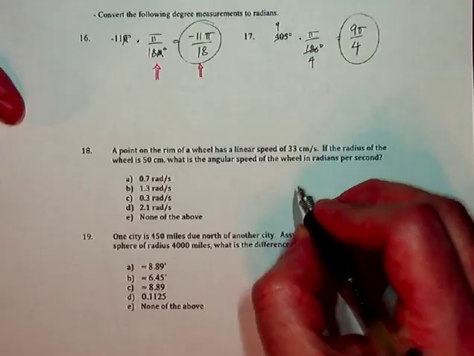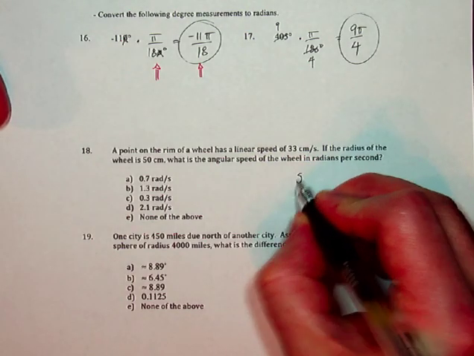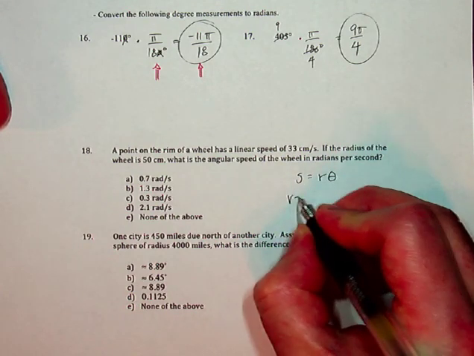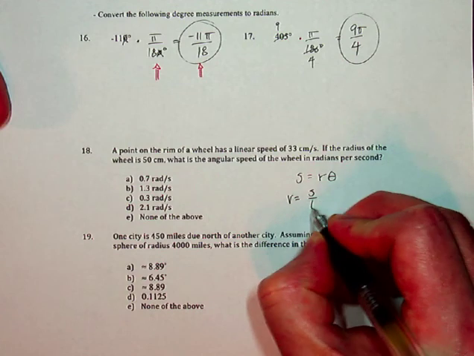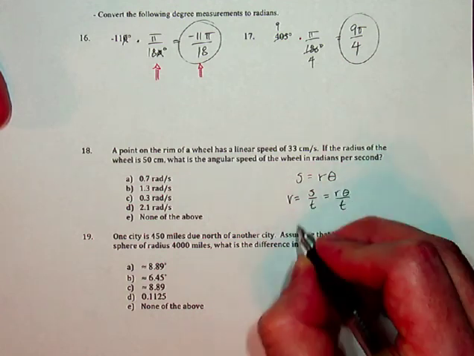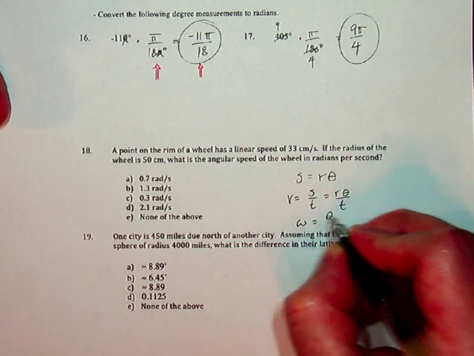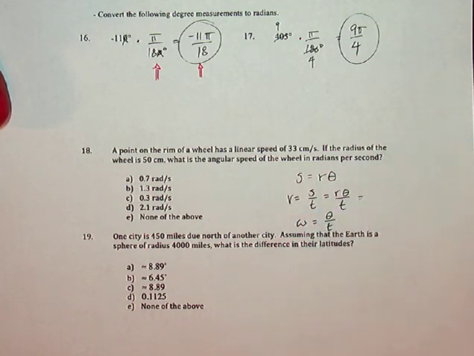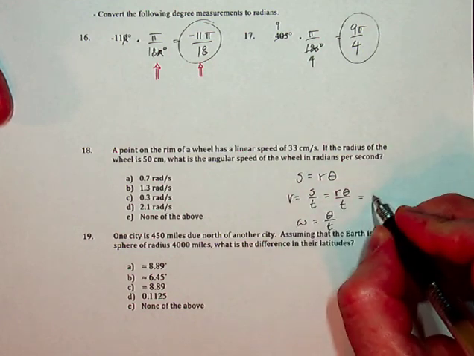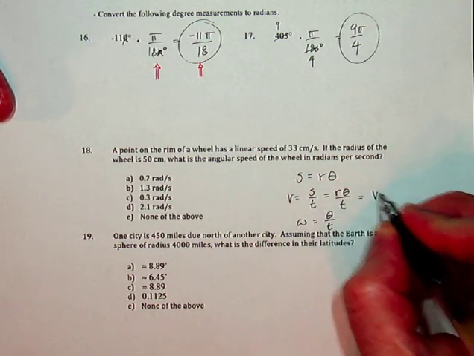So remember that arc length was s, and that was r theta. And remember that v is equal to s over t, or r theta over t. And remember, omega was theta over t, which made a third version of the linear speed as v equals r omega.